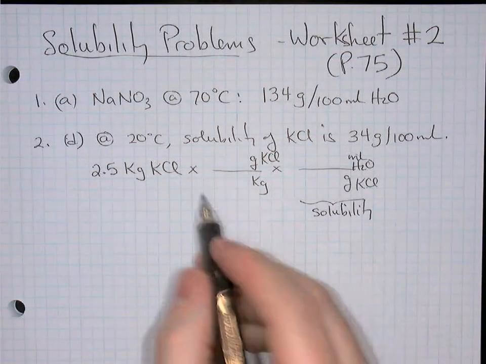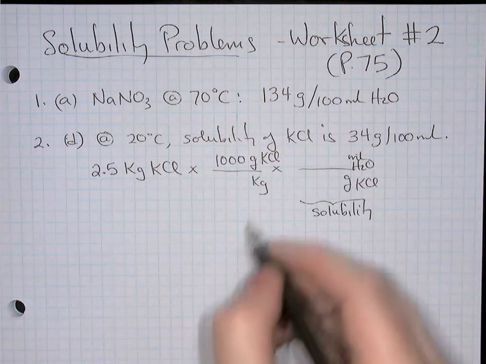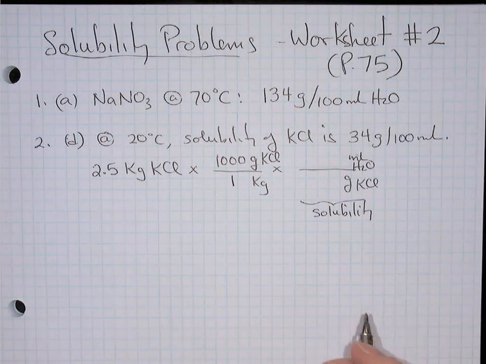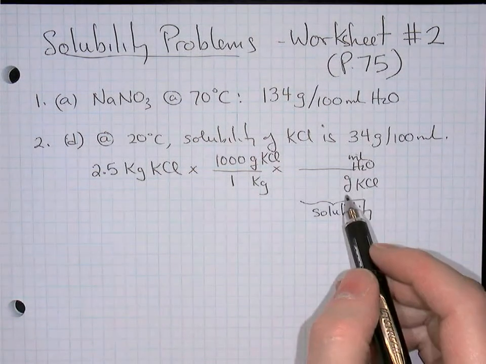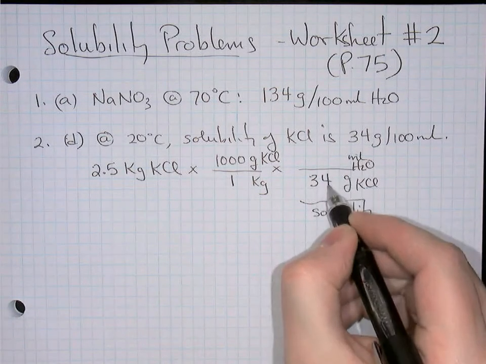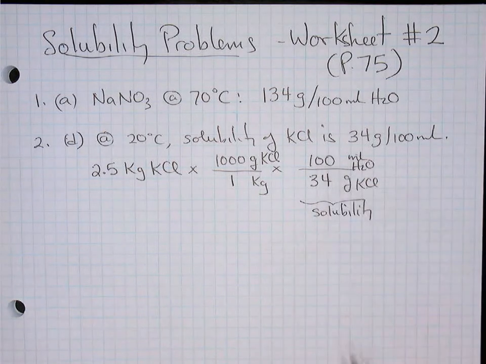Okay? So the first multiplier, the recipe for grams and kilograms, there's 1,000 grams in 1 kilogram. That's a fact that you just need to know. The second unit multiplier came from our solubility, which said 34 grams of KCl can dissolve in 100 mils of water at 20 degrees Celsius.